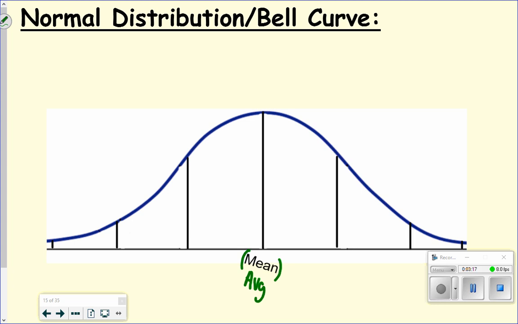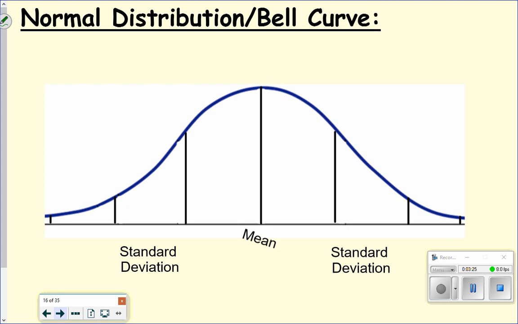So we'll have a number and our average or our mean goes right in that middle bar. Then to the left and to the right of our mean are the standard deviations. These bars that we drew here are going to represent standard deviations away from our mean or our average. So let's get going.